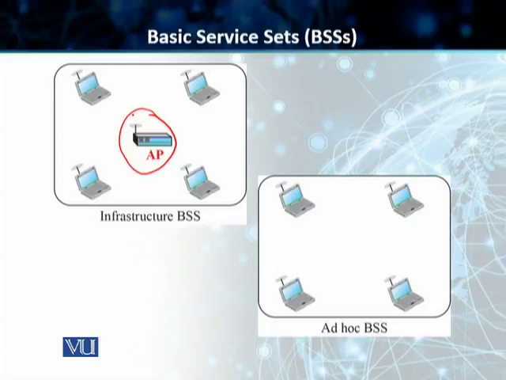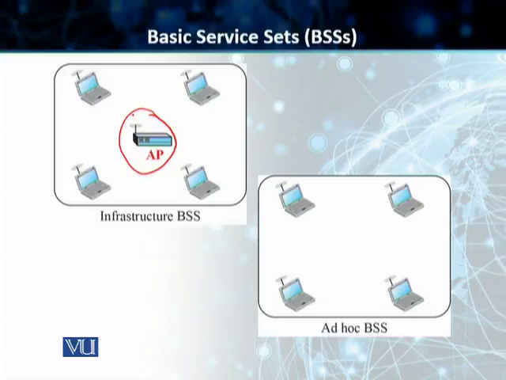The hosts in this network can communicate within this network between each other, but they cannot send data to other BSSs. If they want to send data to other basic service sets under IEEE 802.11, then they need to have an access point, and we call this an infrastructure BSS.